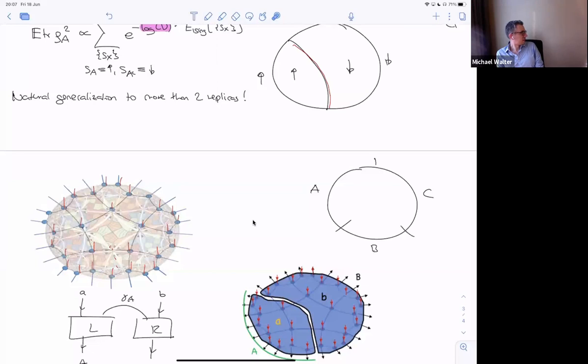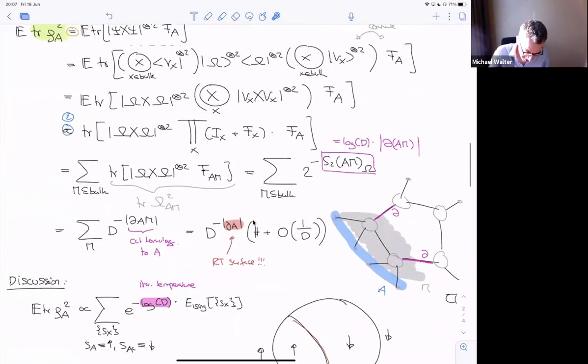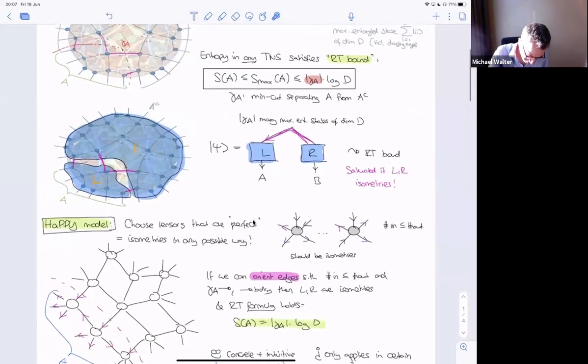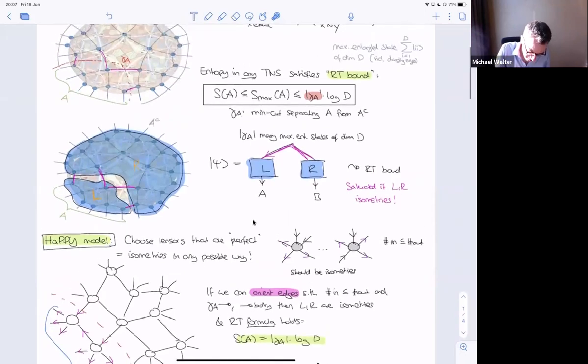Yeah. So I think one interesting factor: in the situation where we have this RT surface here, you can orient these tensors such that they're unitary and so on.